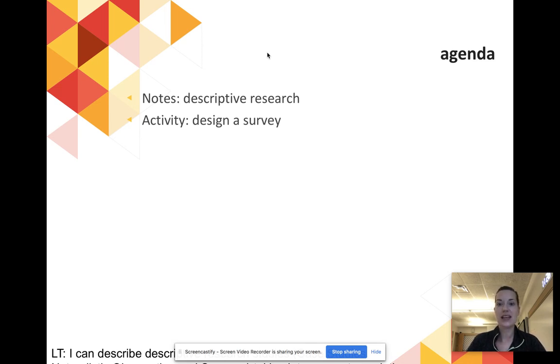So just like the types of research themselves, it's good for some things, not good for other things. Okay. And then aside from doing question number 10 tonight in your reading guide, you're also going to design your own survey, and we'll talk about what that looks like, and how to do that when we get there.